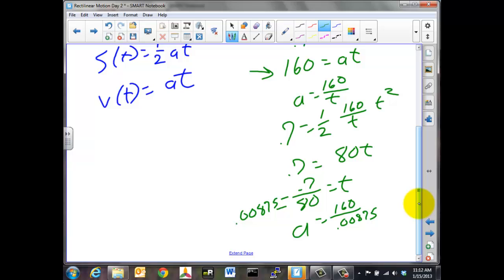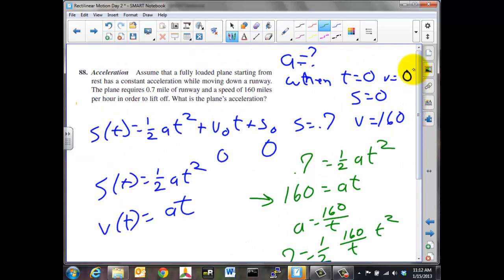Do you think you traveled the first 3/4 of a mile down the runway in less than 100th of a second? No. I hope you didn't. So what did we miss up here? I don't think we missed anything.